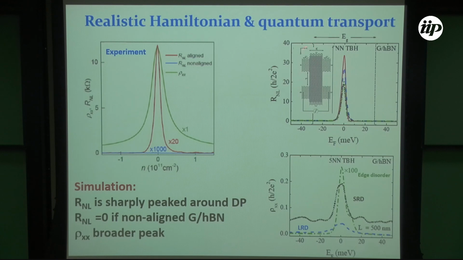And when we do this simulation with the most realistic model, then we indeed get into the gap zone this large non-local resistance signal. Okay, so this is the gap size. So although we have a gap all along the channel, we get a signal inside the gap, as in the experiment, presumably. So sharply peaked.